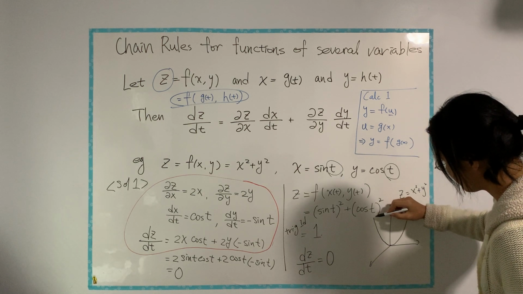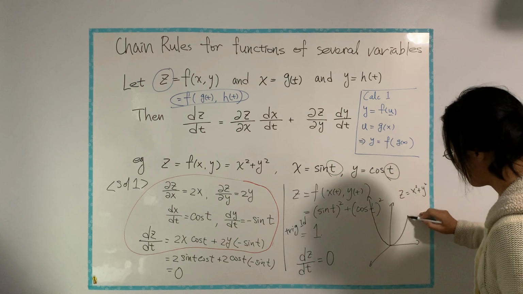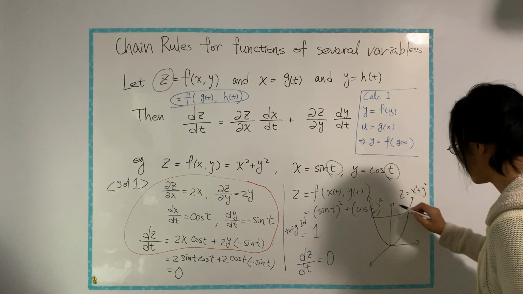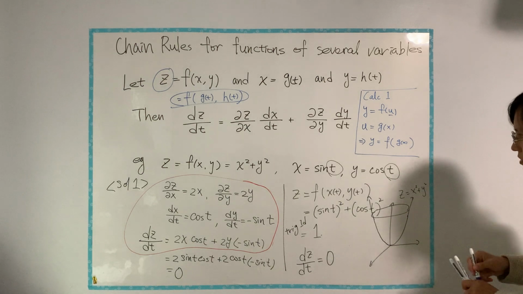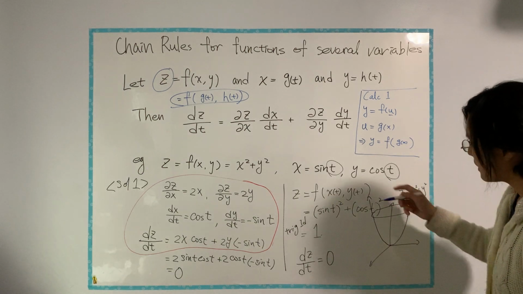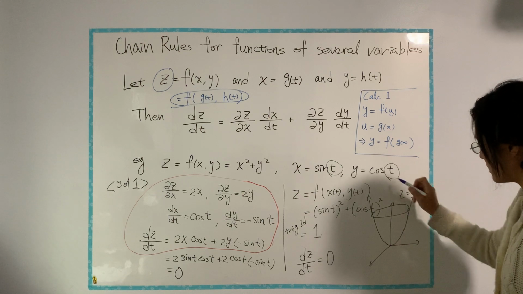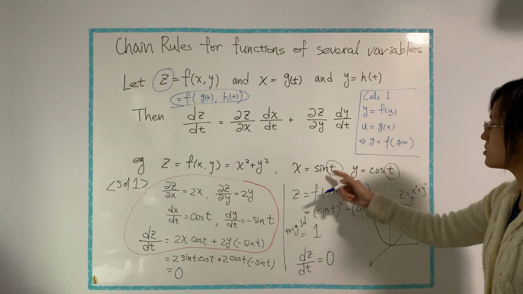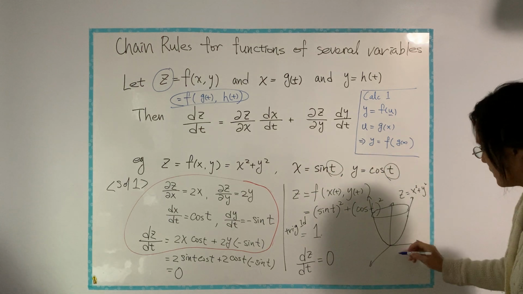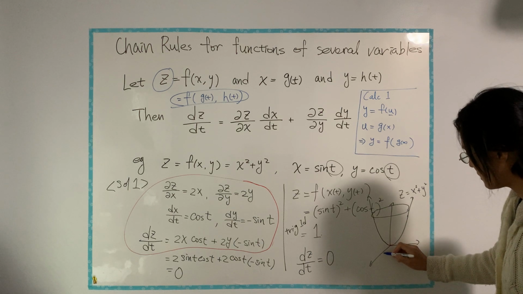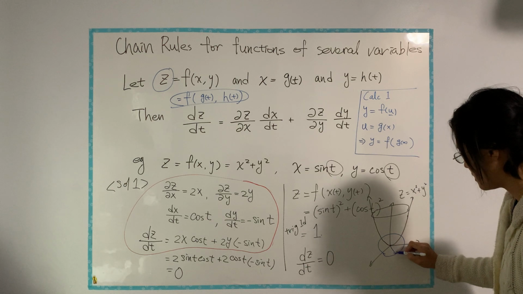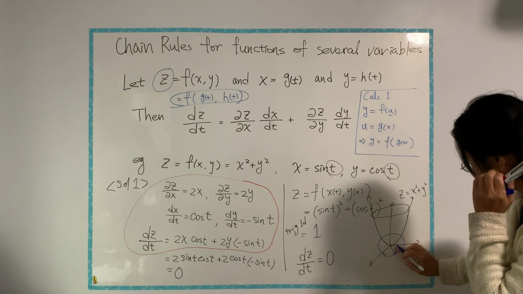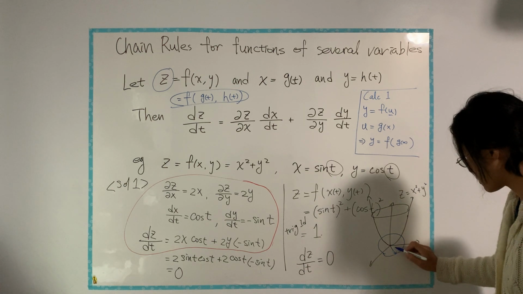Okay, it goes up, like that. Like a paraboloid. Now x equals sine t, y equals cosine t. That means they travel along a unit circle.